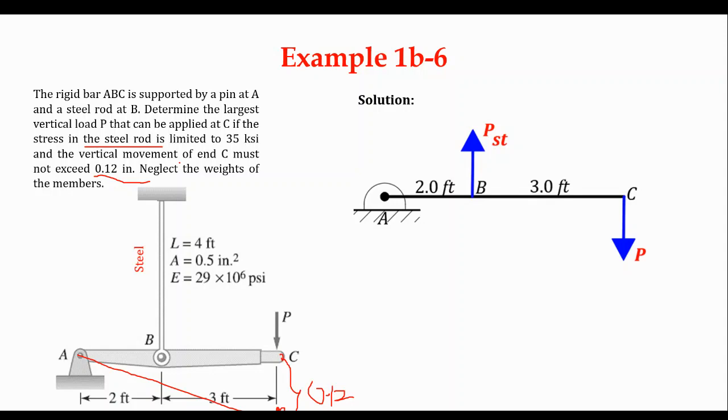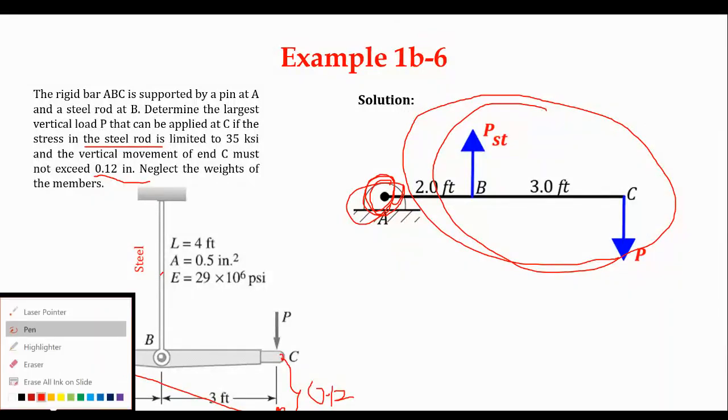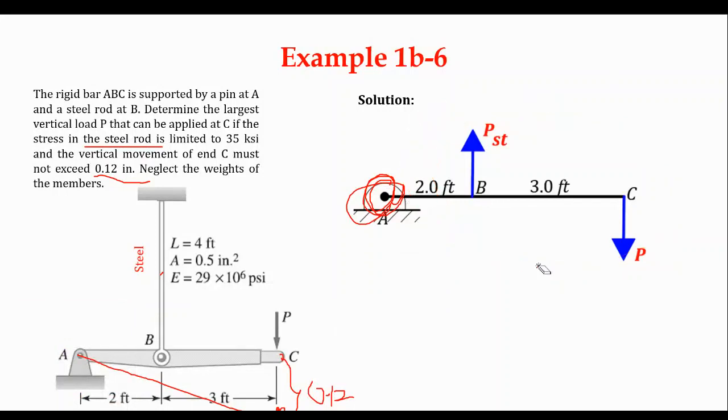In the free body diagram, there are actually forces at A, but I won't emphasize them because we will take moments about A. The other forces are the force in the steel and the P applied at C. Okay, so summation of moments at A equal to 0, clockwise positive.